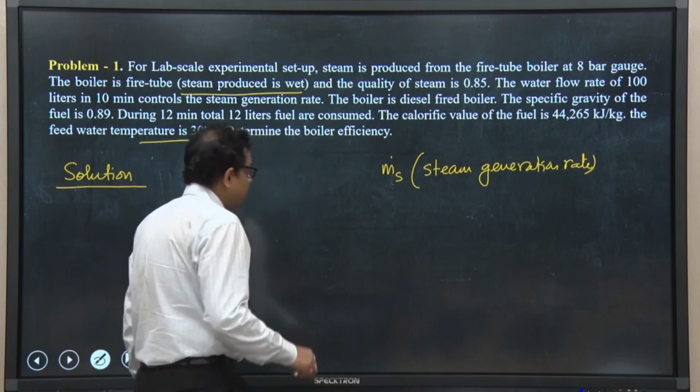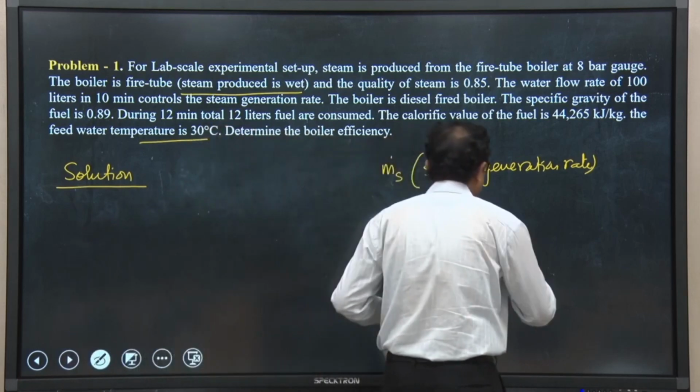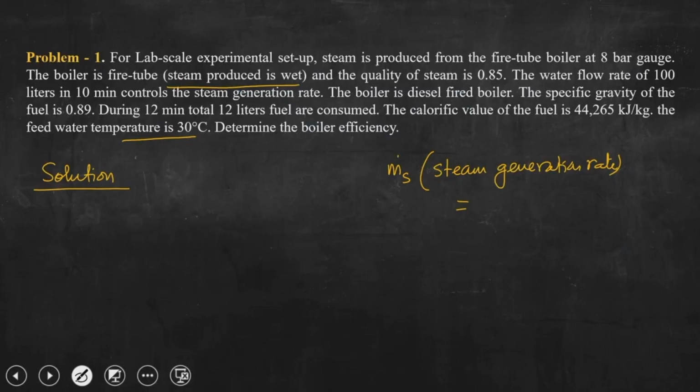Now, steam generation rate, how much is it? It is given the water flow rate of 100 liters in 10 minutes controls the steam generation rate. So, it should be 100 liter divided by 10 minute, so 10 into 60 second.